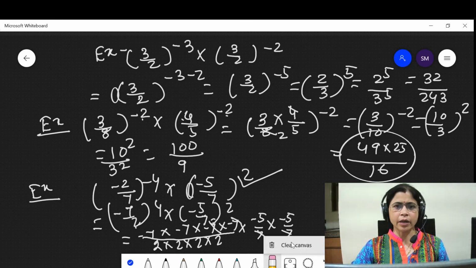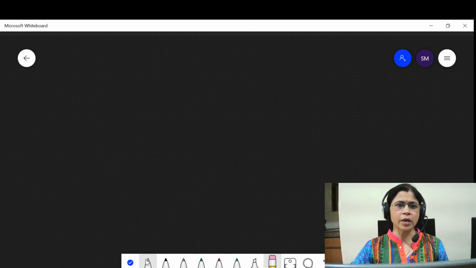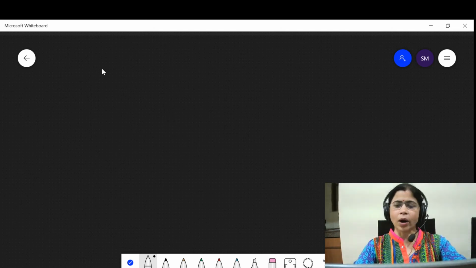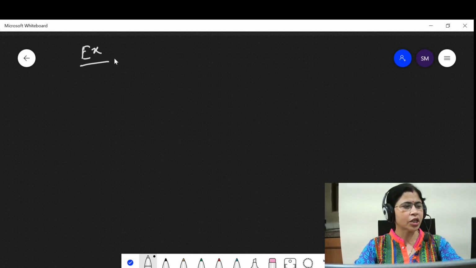Here erase this, clear the canvas and practice. Here another question. This is a word problem. In the case of a word problem, students, try to understand the question properly.